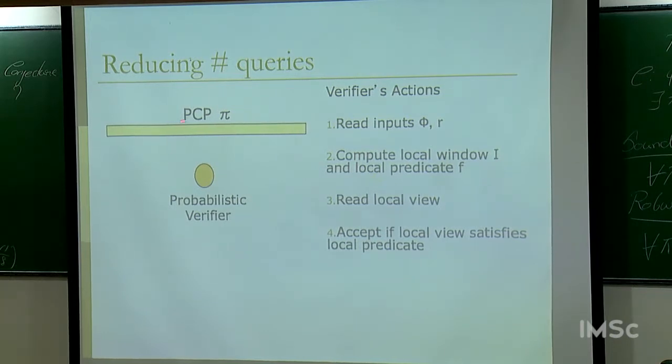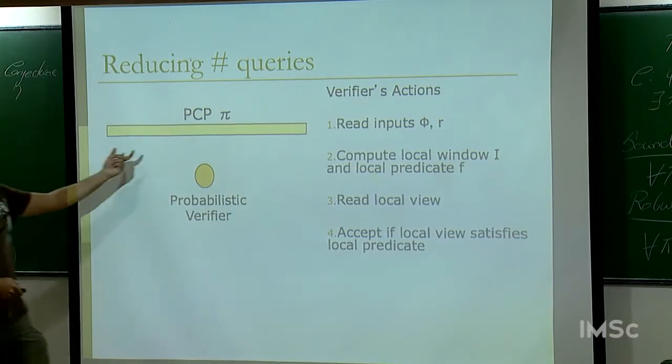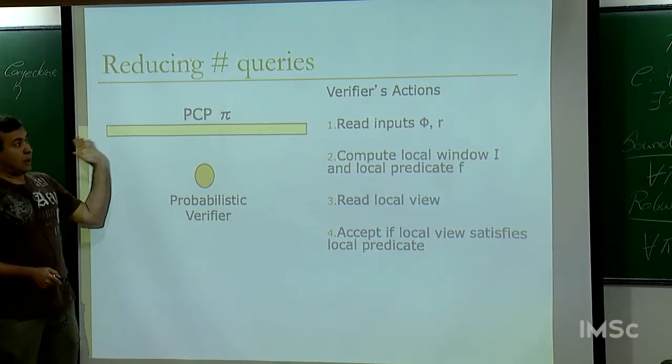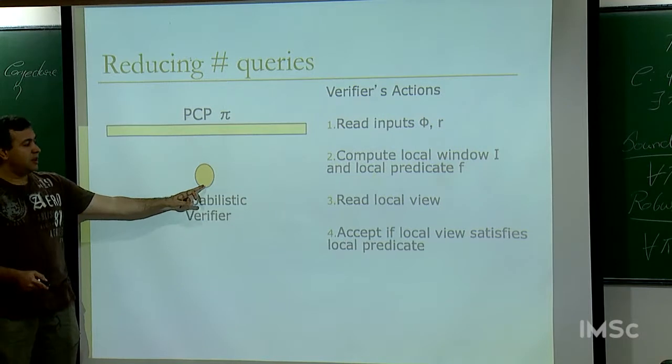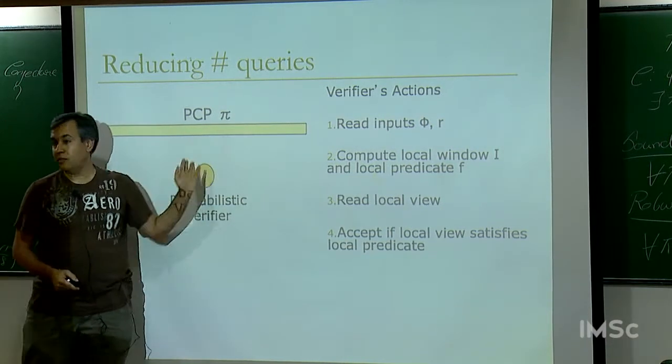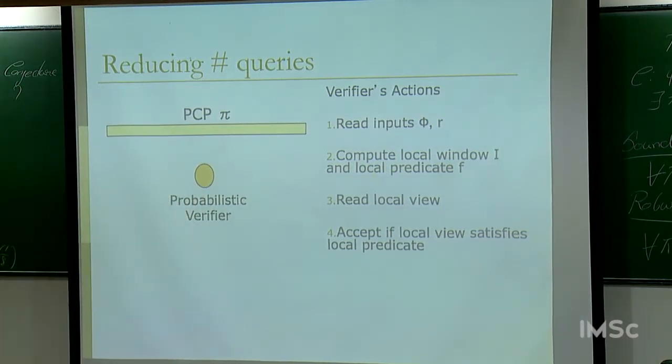Suppose, to begin with, I was not able to get a PCP with a very local view. The original NP theorem says that if this verifier reads the entire thing, this is doable. That's the classical NP completeness result. Suppose we were able to reduce that locality from n to square root n.